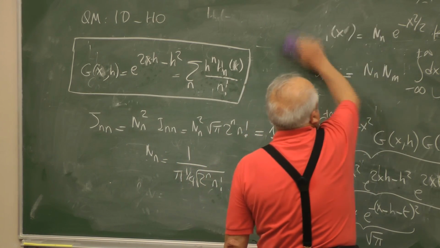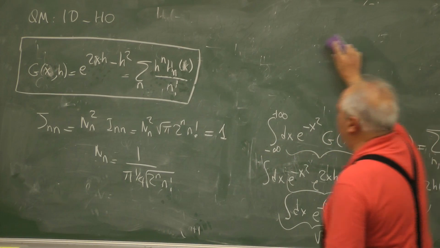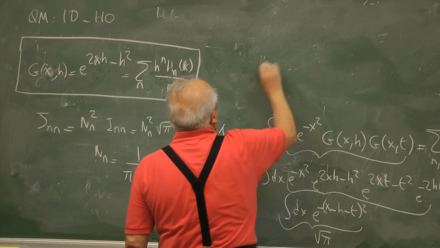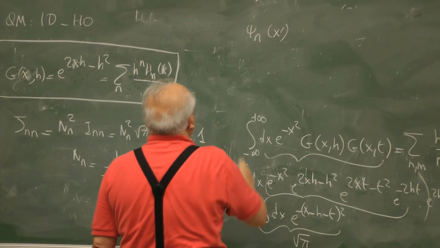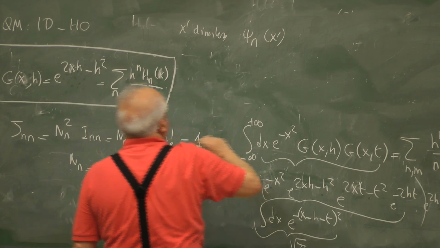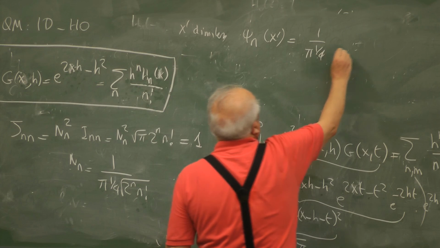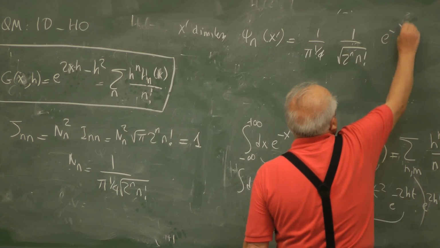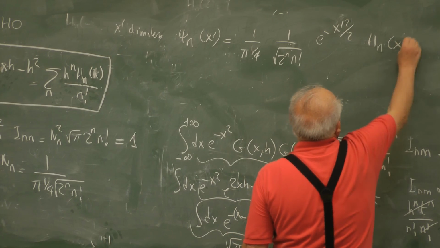I can erase this part now. Psi n. Now I will use x prime, dimensionless. So psi n of x prime is 1 over pi to the 1 over 4, 1 over root of 2 to the n n factorial, e to the minus x prime square over 2, H n of x prime.